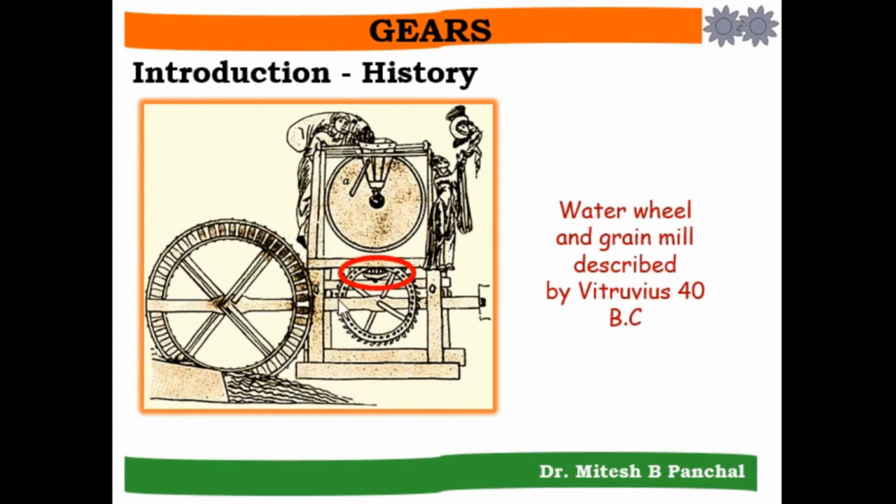You can see that this particular gear is having the motion in horizontal direction, or you can say in a direction which is perpendicular to your viewing plane, while this smaller gear is having axis which is vertical.